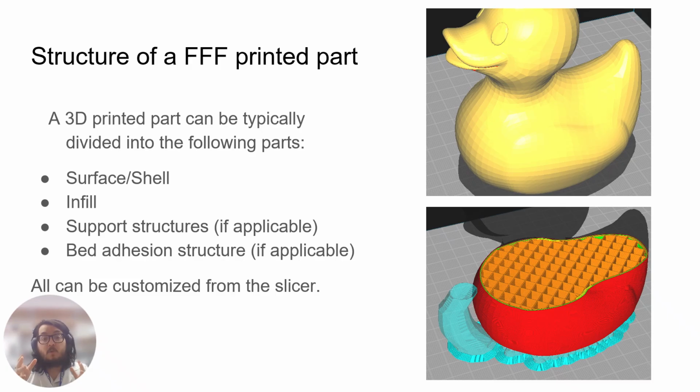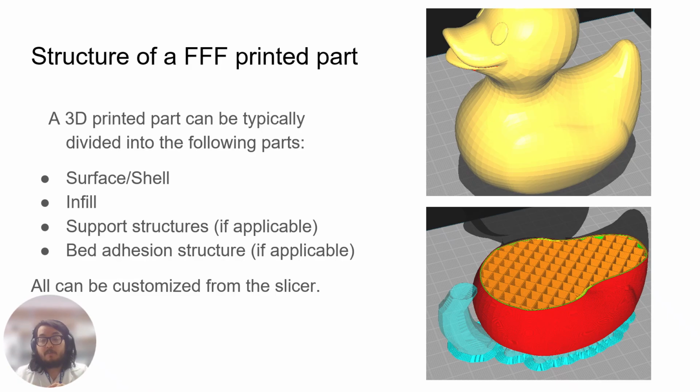Most likely you want a part that's somewhat hollow. Also, you don't necessarily want a part that's completely hollow. Typically, when we print, we do something in between, something like a 15% hollow part with this internal structure that we call an infill. So your part can be divided into this outer part and this inner part, the shell and the infill, or the walls and the infill. That's typically the wording used by Cura.